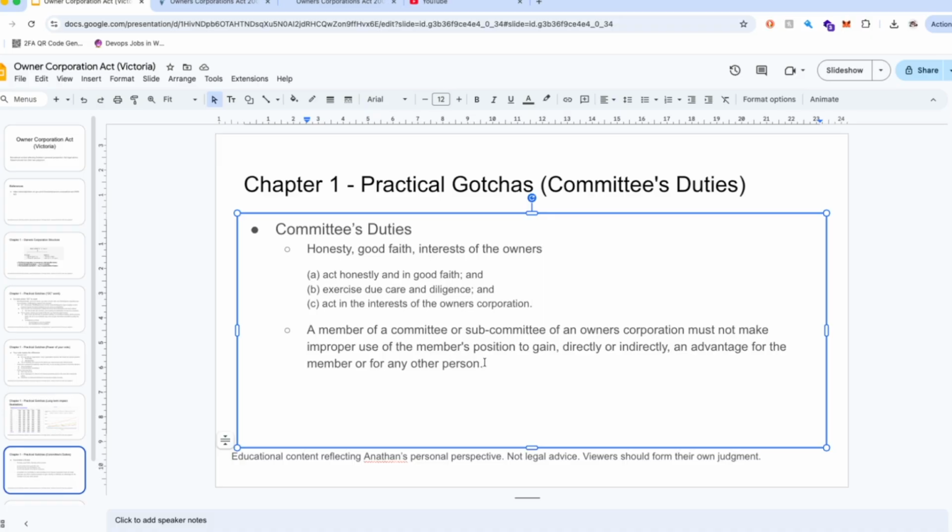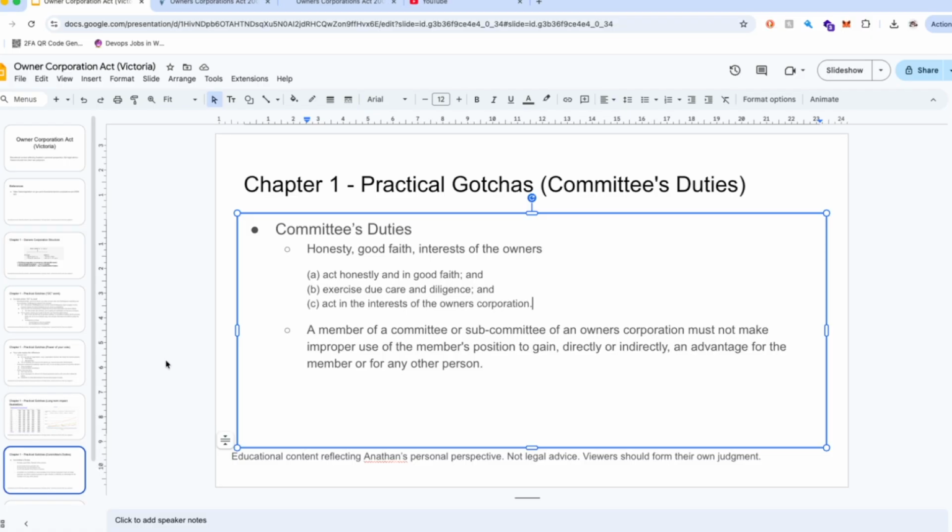The simple way to look at this is, the committee should not misuse its position to make any financial gains, whether for itself or indirectly for others. This is strictly not permitted in the OC Act.